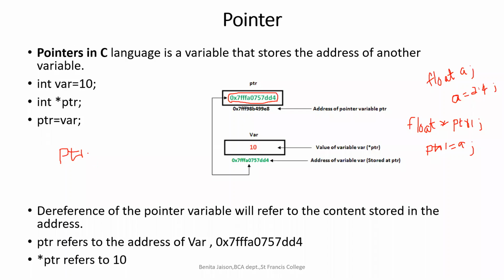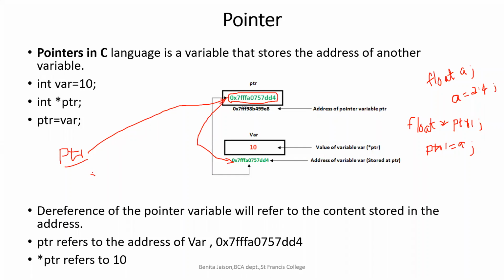This number will be referred to when I am using the pointer variable ptr. Directly if I am using ptr, it will have the address 0x7, that is the address of the variable called var. Understood?